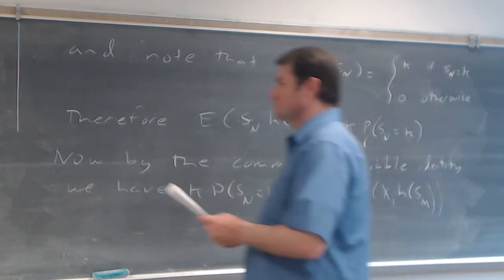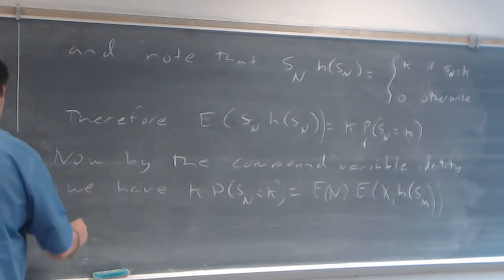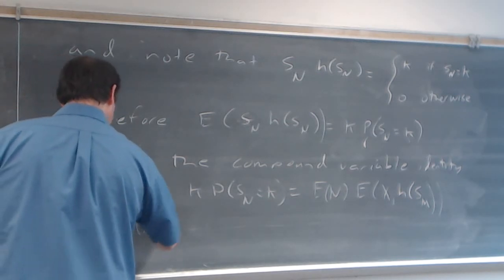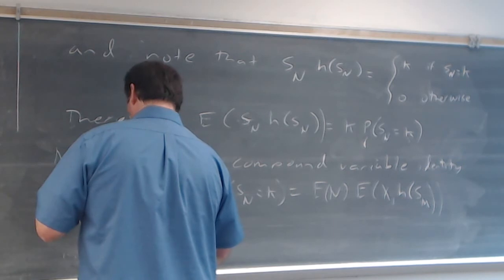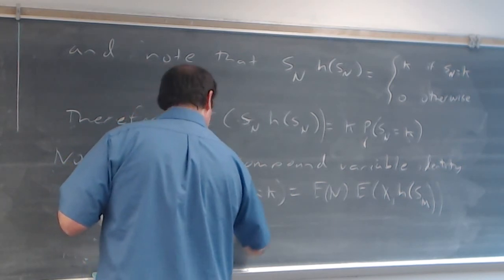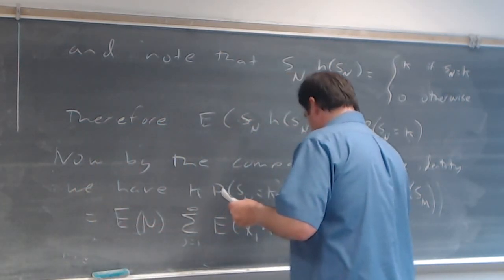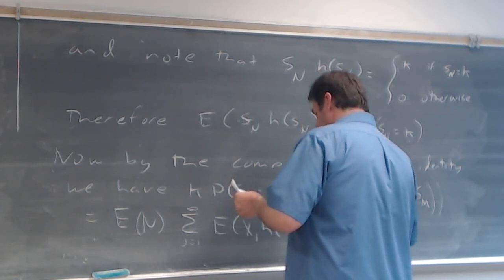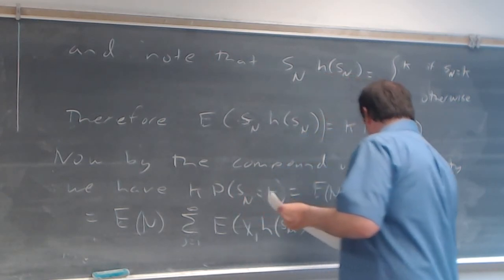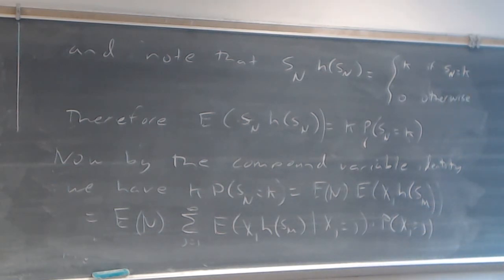Okay. Which equals the expected value of n times the sum as j runs from 1 to infinity of the expected value of x of 1 times h of s of m, given x of 1 equal to j, times the probability that x of 1 equals j. So we're conditioning on x of 1.